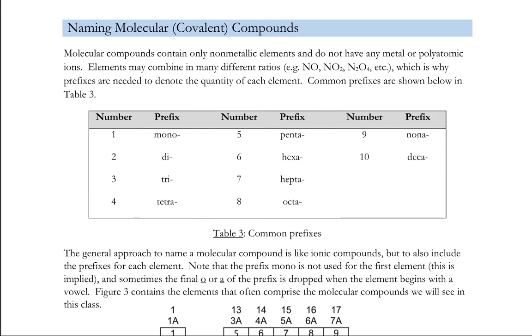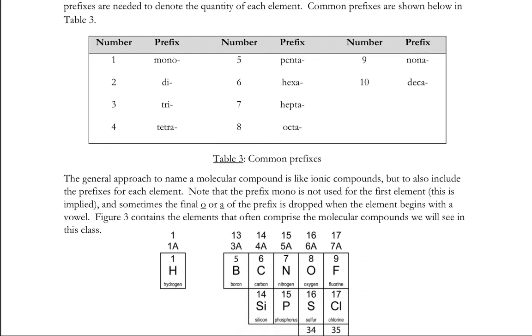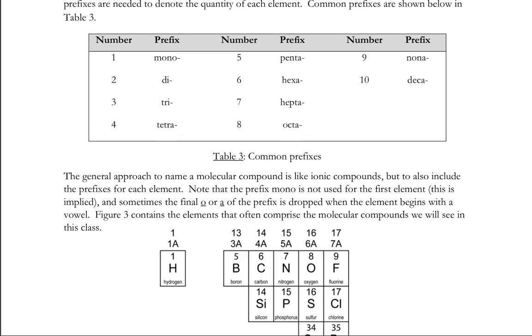Anyway, there's a whole bunch of nitrogen oxygen molecules out there. And so we have to differentiate them, indicating how many of each element there are with these prefixes mono, di, tri, tetra, etc. Unless the first element has only one of them, we leave off the mono. So look to this table for the prefix name given the number.